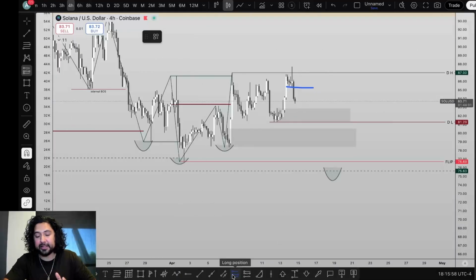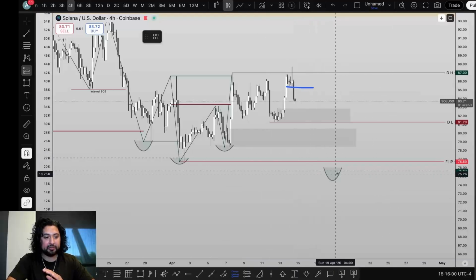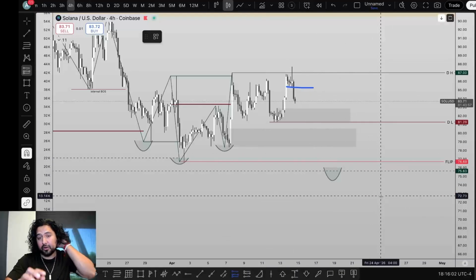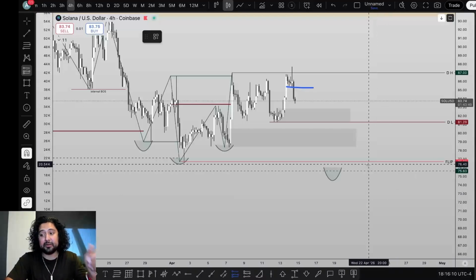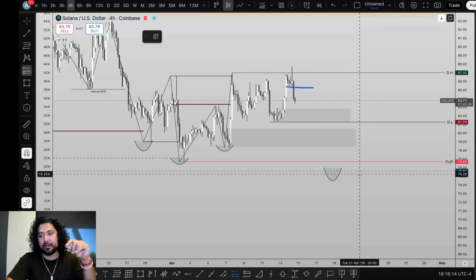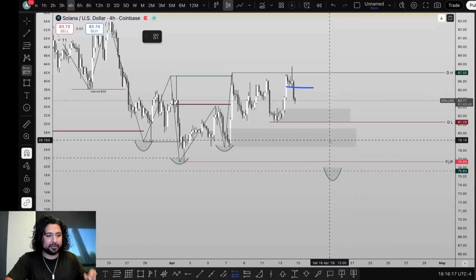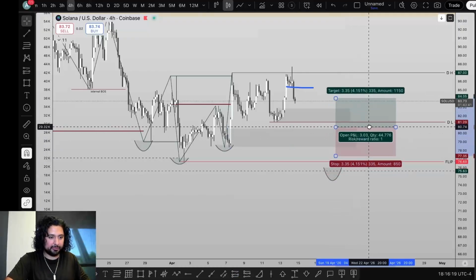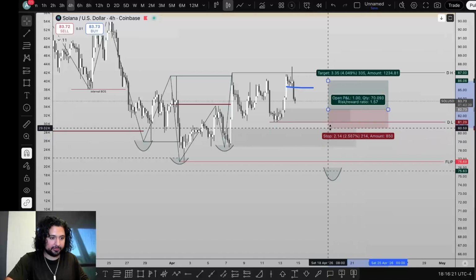Remember, the invalidation of this would be the last zone. If we get underneath there, remember, all this is based on the TA and the structure of the USDT, okay? If USDT takes its equal highs and goes to 8%, I could see down here as being that sweep, right? So if we get down here, pretty much we have a long right here in this zone.